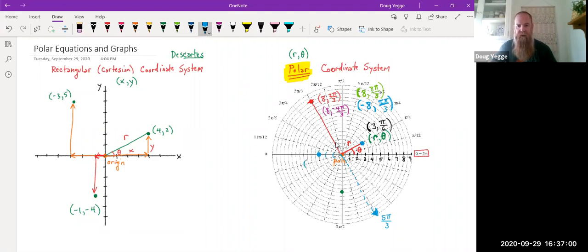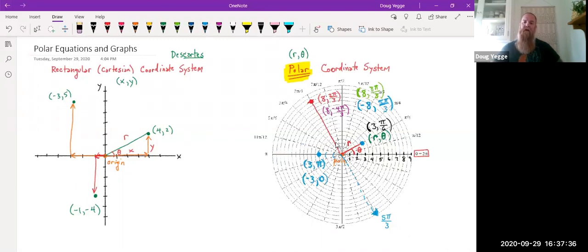And so this has a radius of 3, and it has an angle of pi. So 3 comma pi would be the point in polar form. If I chose to write it with a negative radius, I could have written it as negative 3 by pointing in the exact opposite direction of pi, which would be at the point negative 3, 0. Or I could write it as negative 3, 2 pi as well.